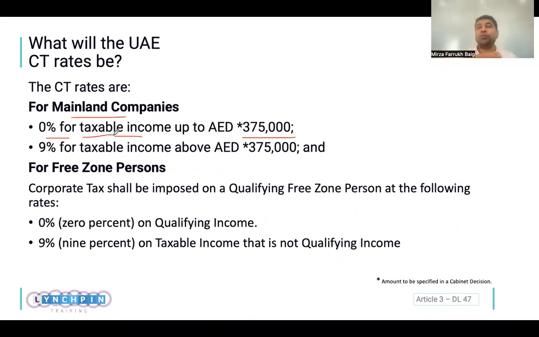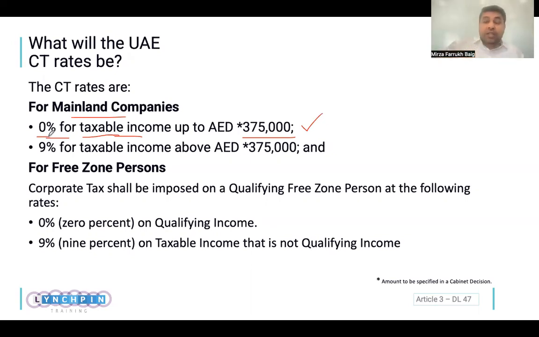You may be calculating the accounting income as per the IFRS, and after that you may be having some adjustments, for example, adjustment for entertainment expenses and so on and so forth. After that, the income which arrives is your taxable income, and the first 375K will be charged at zero rate. So 0%. And just to understand, it's not exempt income. Okay, up to 375K is not exempt.